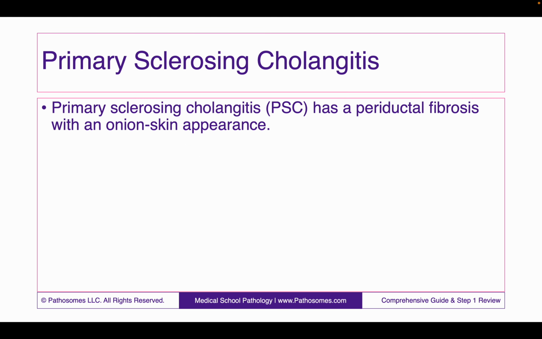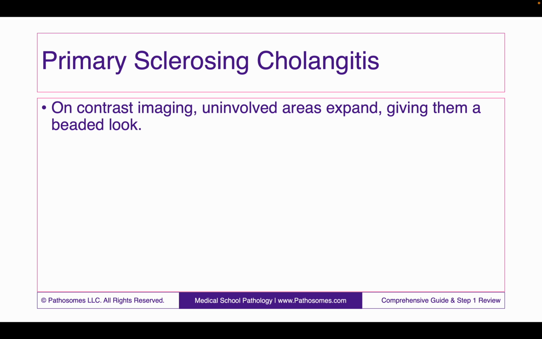Primary sclerosing cholangitis has a periductal fibrosis with an onion skin appearance. On contrast imaging, uninvolved areas expand, giving them a beaded look.